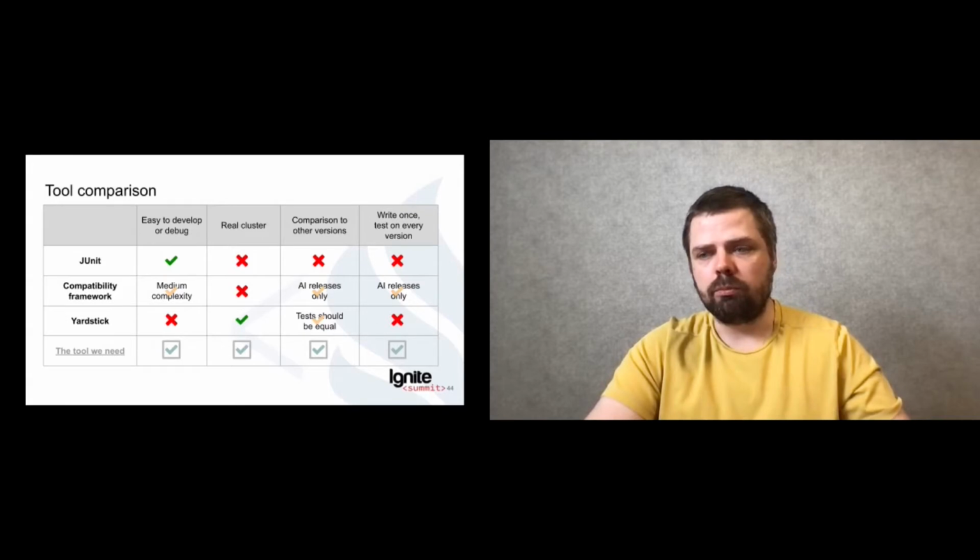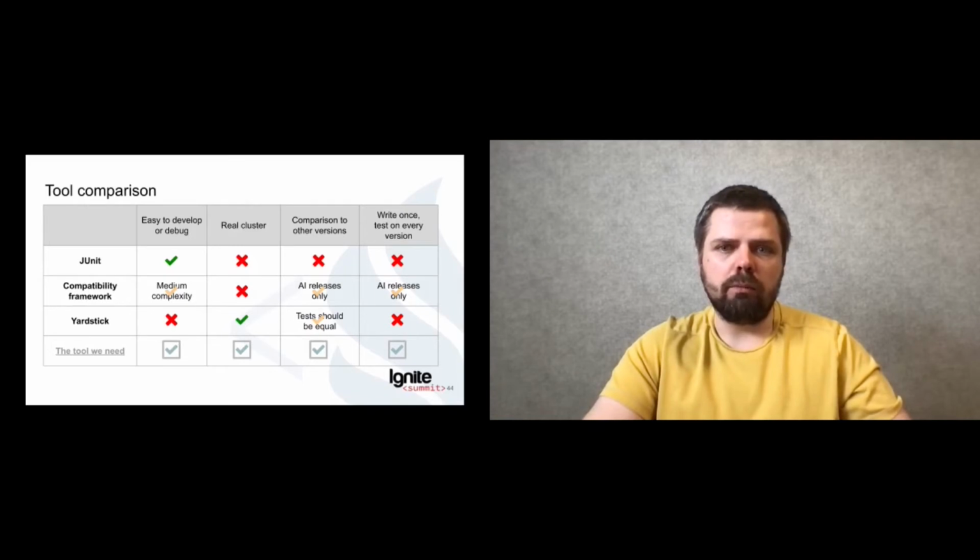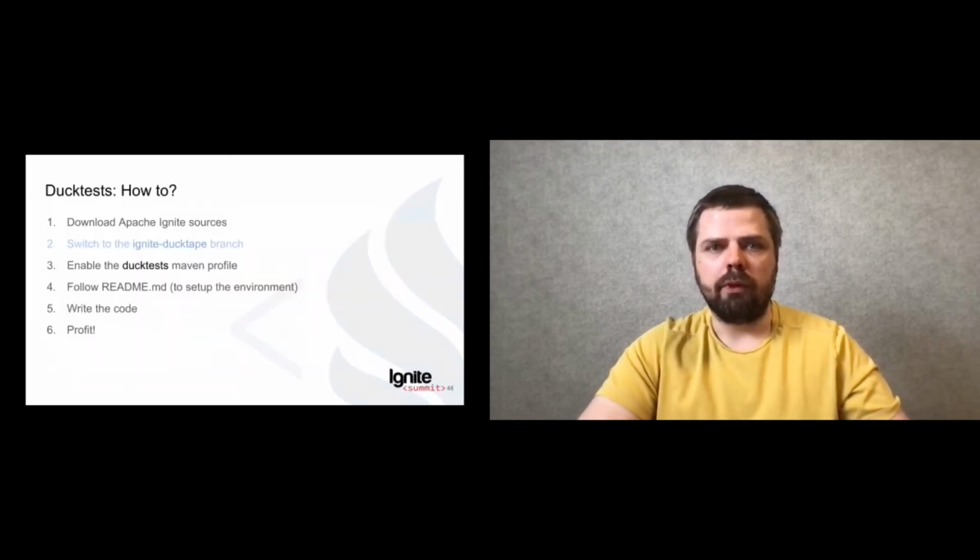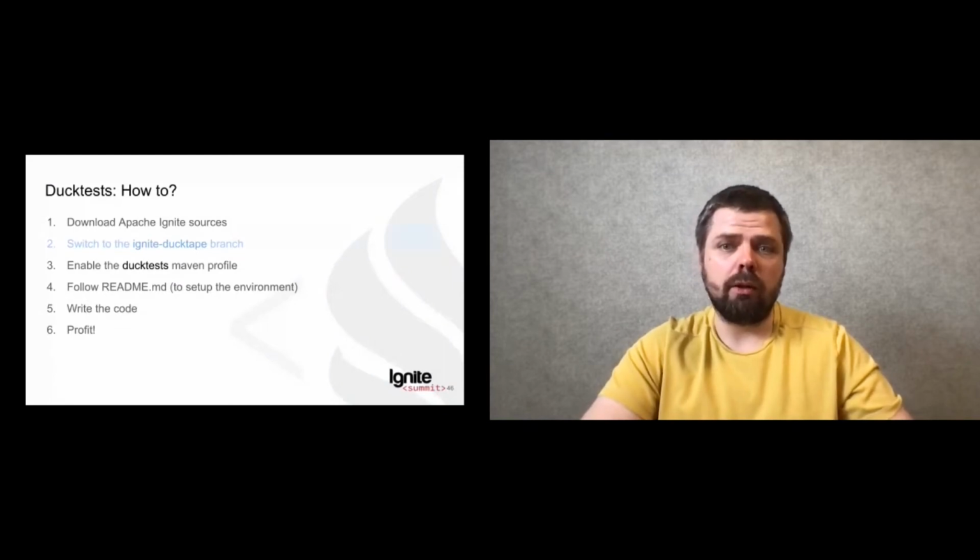And we use it to start and stop nodes and other automation scenarios. So it looks to be a perfect tool for testing, benchmarking, proofs of concept, demos. Ducktests are currently available at a feature branch called ignite-tape.